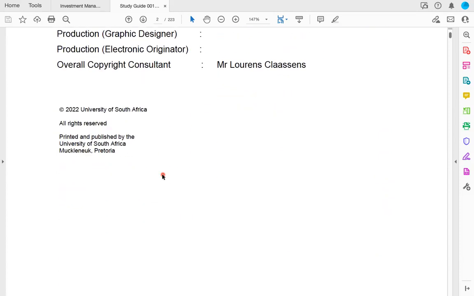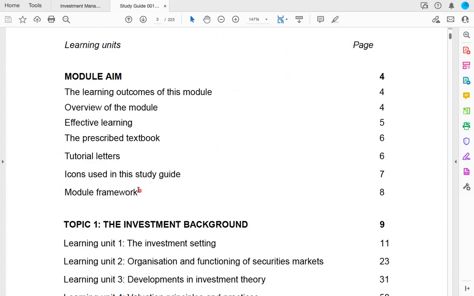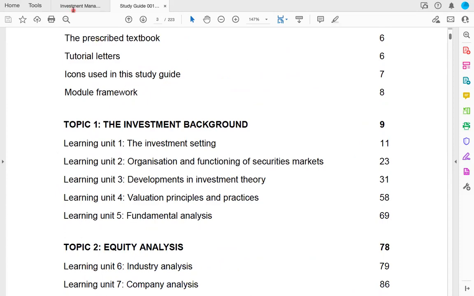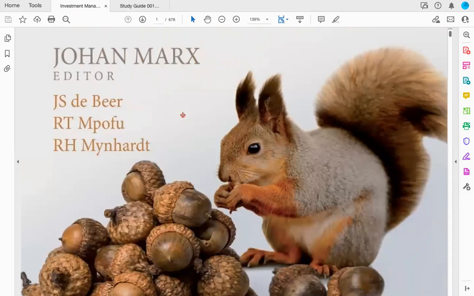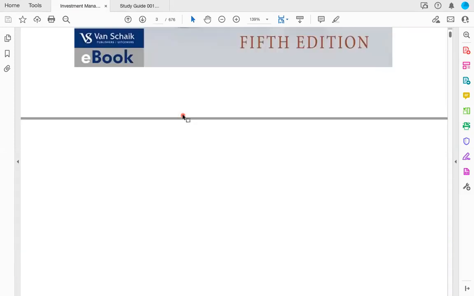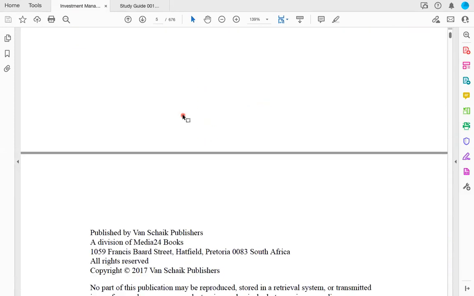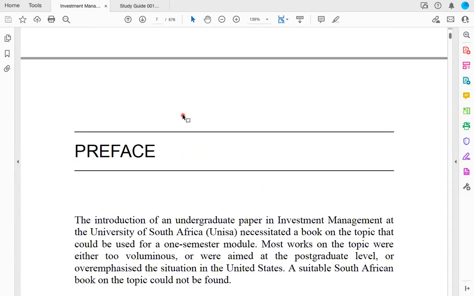Now, fortunately for this module, you'll notice that it's got a lot of material. Basically, what you're doing with this module is covering this whole prescribed textbook, and it's a big prescribed textbook. In total, I think it has 676 pages.